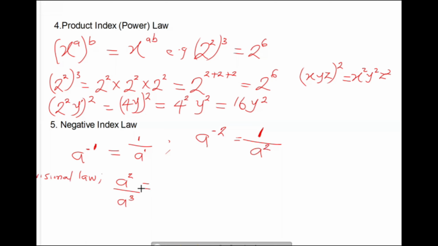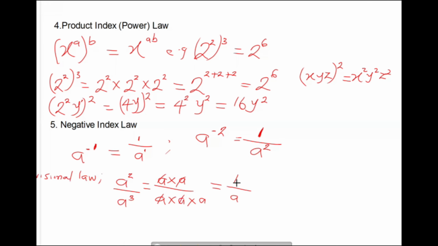Using your normal conventional way, a to the power of 3 is a multiplied by a multiplied by a, and a to the power of 2 is a multiplied by a. If we carry this out, we cancel a, another a we cancel. So what is left at our numerator is just 1, divided by what we have here, a. So this is 1 over a.